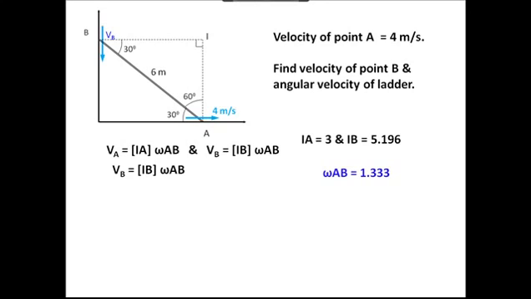IB is known as 5.196, omega AB we just worked out as 1.333, and therefore VB is 6.926. So we have managed to find the angular velocity of the ladder and also the downward velocity of point B, VB, which is 6.926 meters per second, because the units are in meters. This is a typical solution for a single link problem.